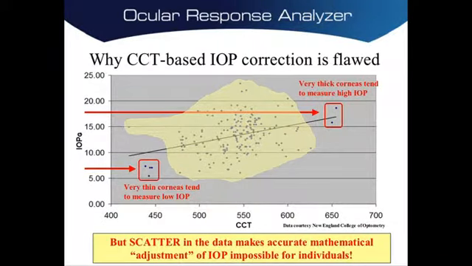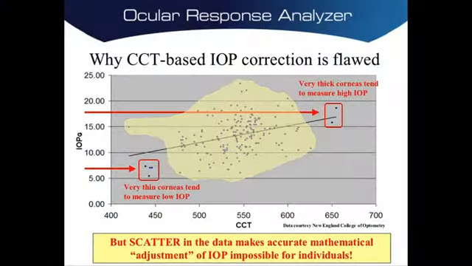What's been done in previous studies that have looked at this is they said, okay, here's a normal population. Here's our range of corneal thicknesses from 650 down to 450, and here's the Goldman values that we obtained from these patients. Let's draw a line that best fits the average behavior of this population and develop a formula based on the slope of that line to adjust the Goldman obtained pressure up or down by however many millimeters of mercury the formula states.